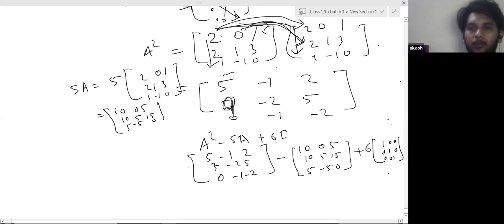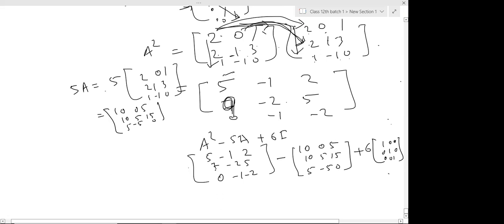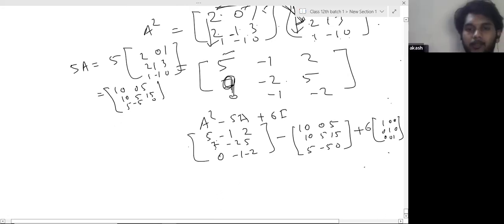Did I do this whole row wrong? 2 0 1, minus 3, minus 2, 2 and 1 3 5. And this is 0 5. Only that element is wrong, right? Yes, sir. All right. So this is 9.